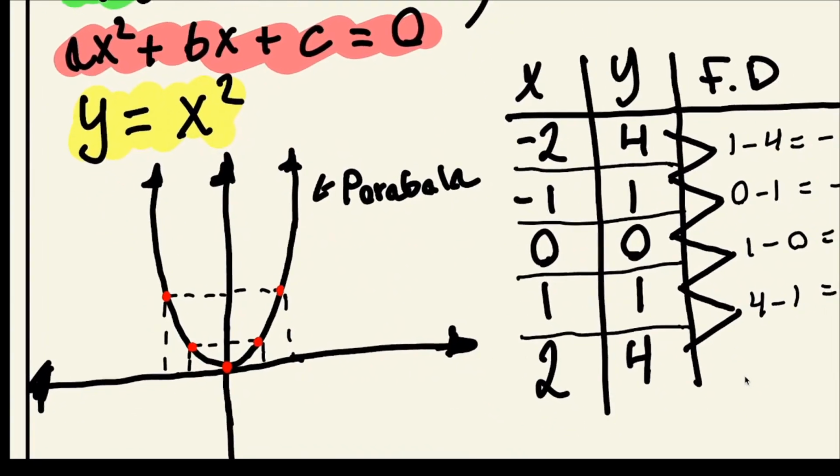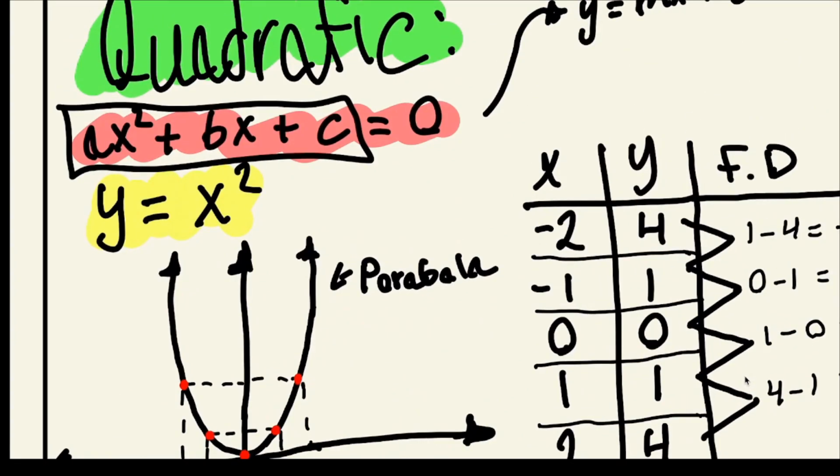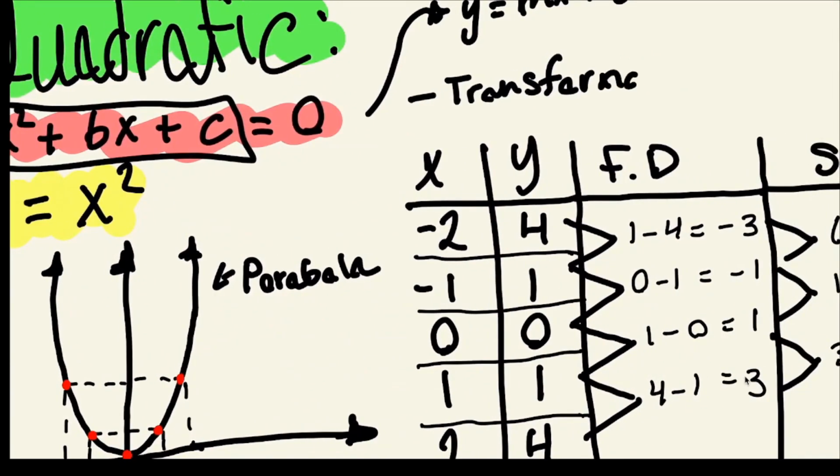Also, for parabolas, your quadratic equations, like I said, there can be an A, B, and C value. Those A, B, and C values determine the transformations of the parabola, okay?